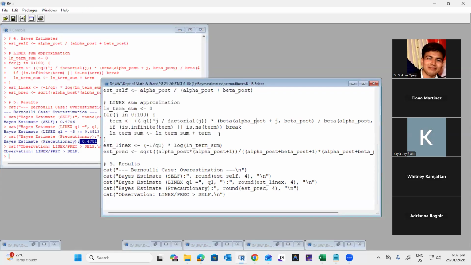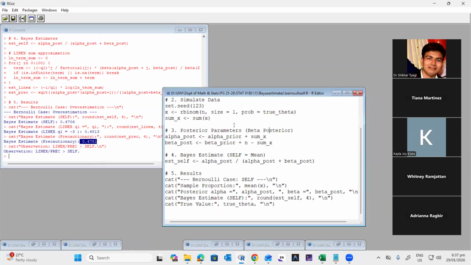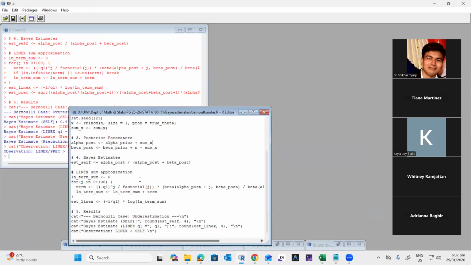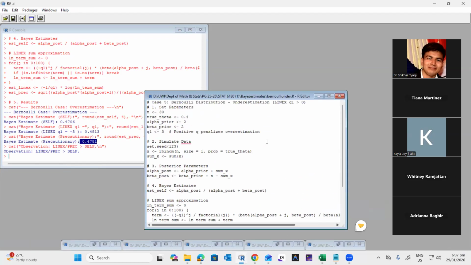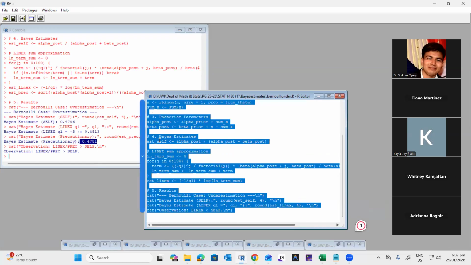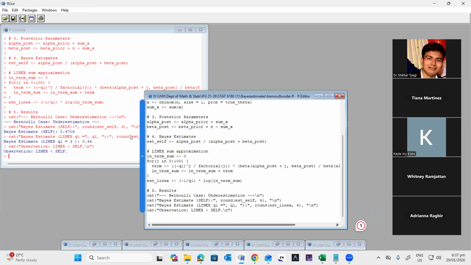All right. So now we will do the Bernoulli under the self. We will do the overestimation. It will remain the same, but instead of q1's value minus 3, we will take plus 3, and now we will run it.